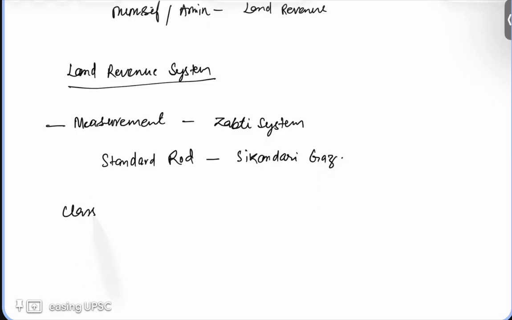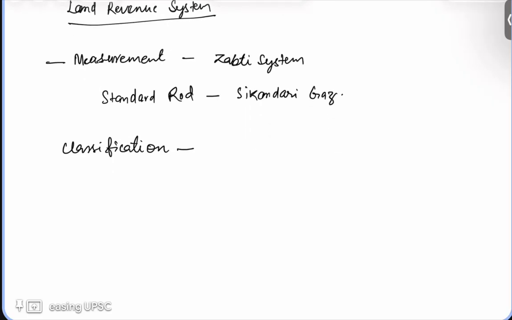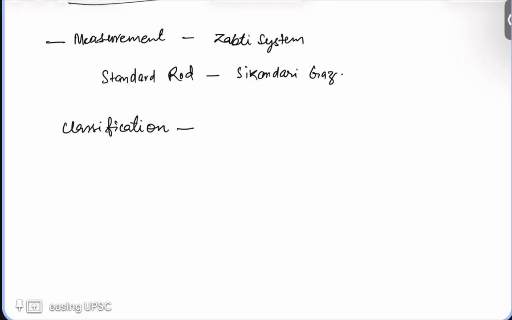Then classification. Land was classified into good, middle, and bad. The average produce was calculated according to land. Then the state share was one third of the average produce, payable in cash or crop, mostly cash preferred.